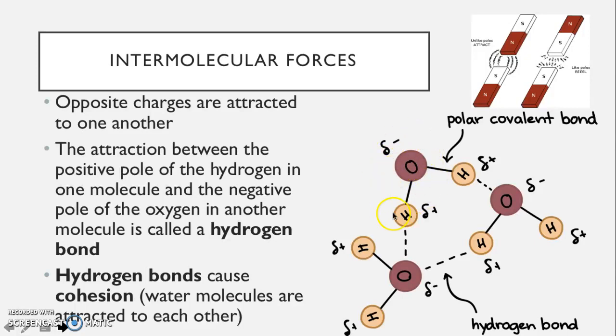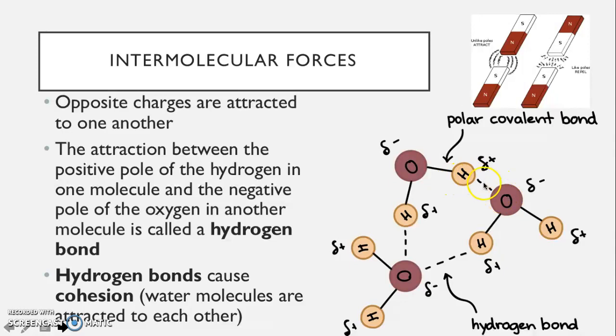Because we have all of these water molecules floating around near each other, they interact. The positively charged hydrogen of one molecule will be attracted to the negatively charged oxygen of a different molecule, and these are represented by these dashed lines.